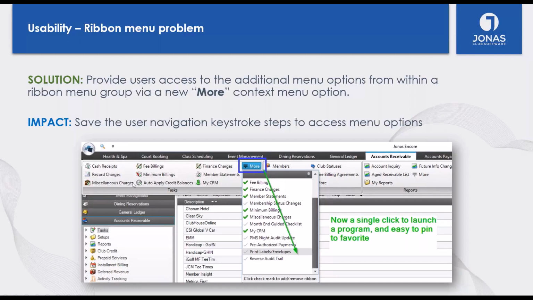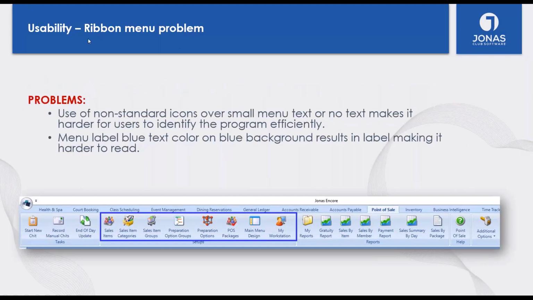The other highlight that you'll notice here is the icons. All the icon sizes and text have now been changed so that you have a consistent ribbon view. A small icon to the left and clear text of that menu option to the right. That was really from the ribbon menu feedback, where there are a lot of ribbon menu options where those large icons are not very easily identifiable to indicate what that menu option is.